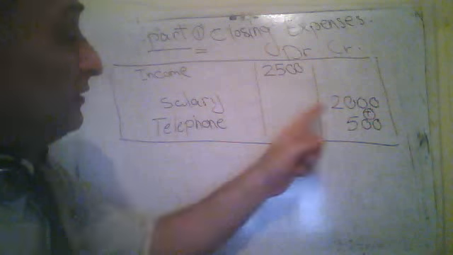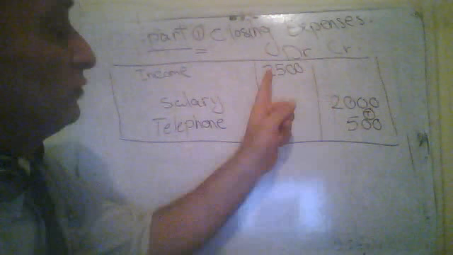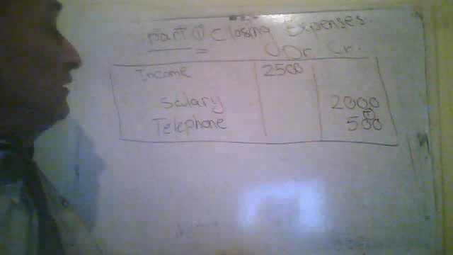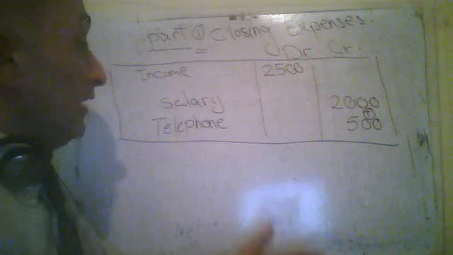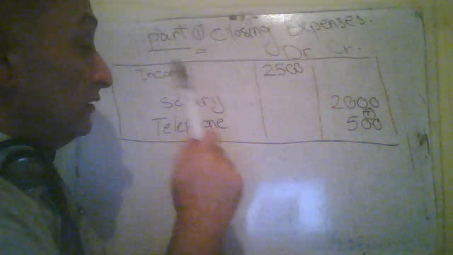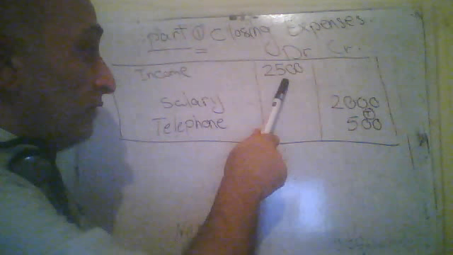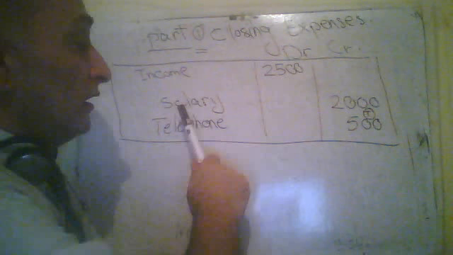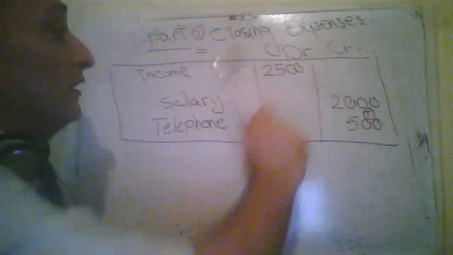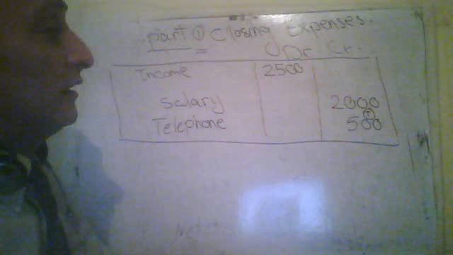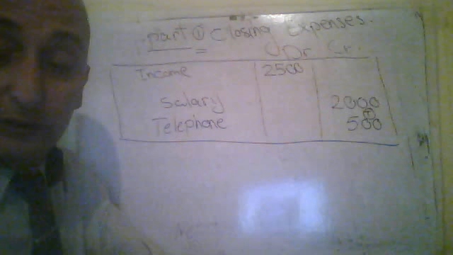Total expenses equal 2,500 to closing income statement. Income debit by 2,500 and salary and telephone credit, closing by total 2,500.